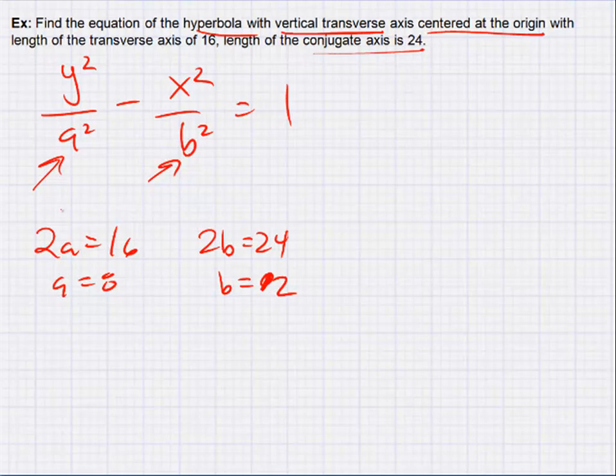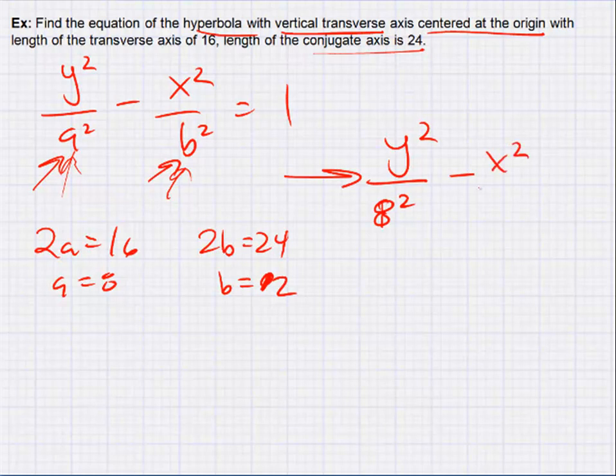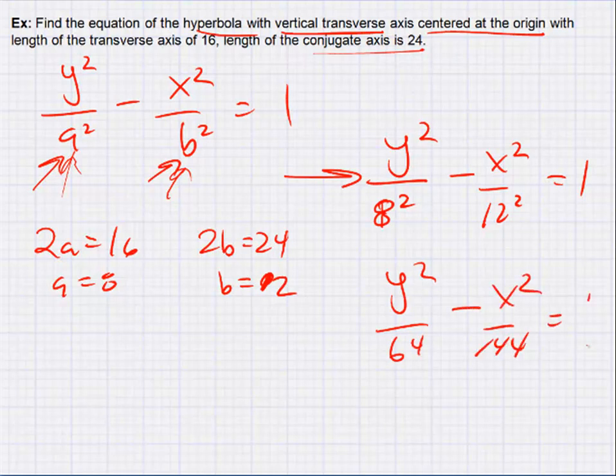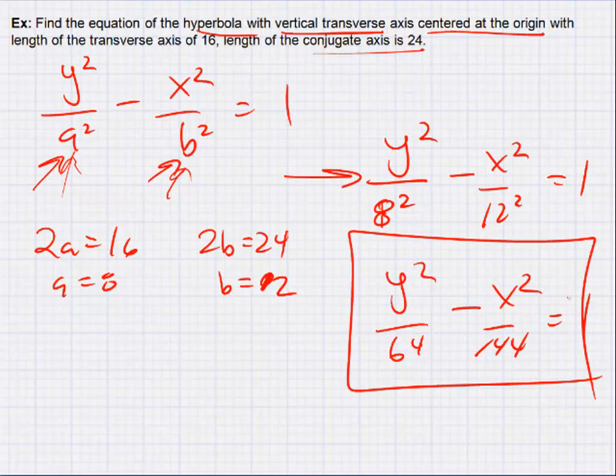So I plug those in here and here, and I get y squared over 8 squared minus x squared over 12 squared equals 1, or y squared over 64 minus x squared over 144 equals 1. That's the equation of my hyperbola. So same kind of question as before, but this one you have to construct the equation.